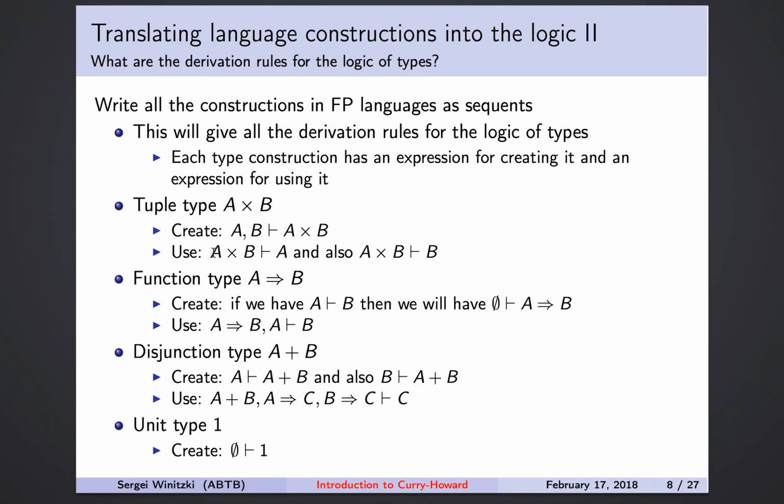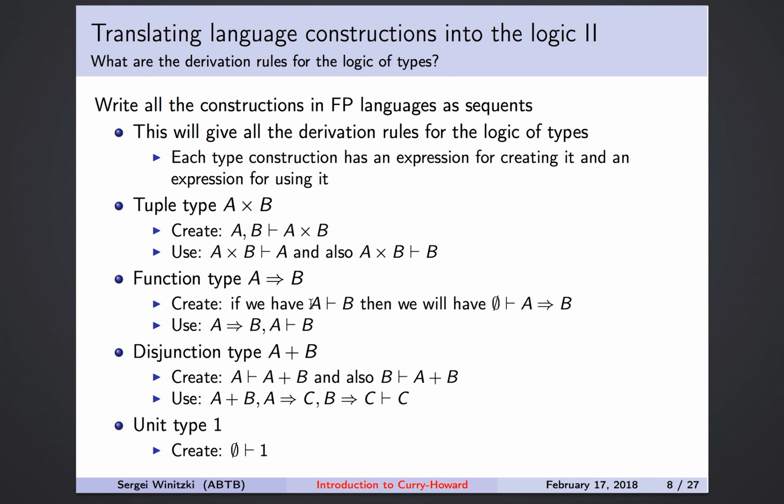Similarly, when we use a tuple, we assume that the tuple value has been already constructed, and then we obtain the value of the first part of the tuple or the second part of the tuple. So these sequents directly correspond to code fragments or to expressions of the code. They do not need a proof. They are axioms.